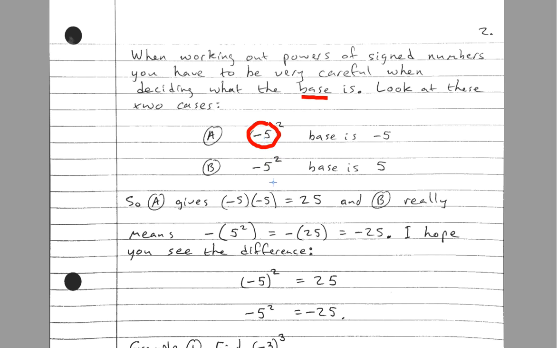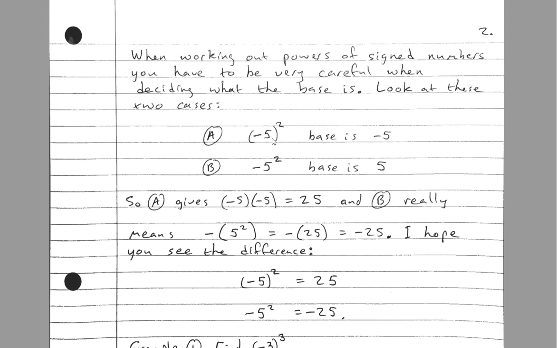This one has no parentheses, so the base here is just the 5, if you can still see it. So the parentheses are showing us the difference between these two questions.